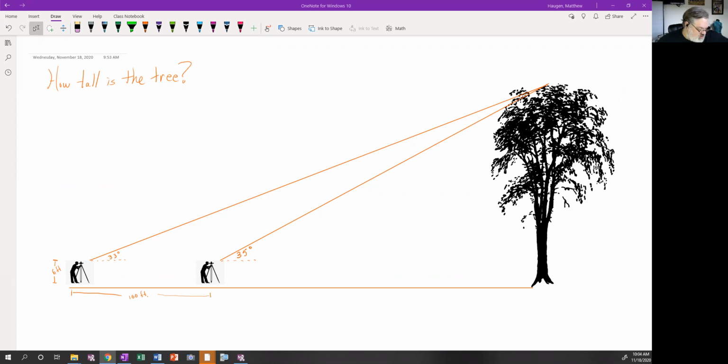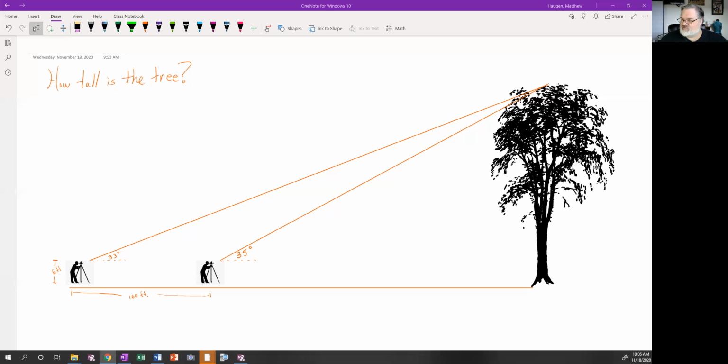So any suggestions on what you want to do first to determine the height of this tree? Find which angles?